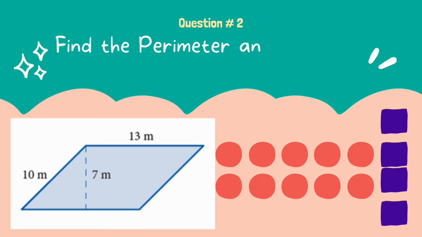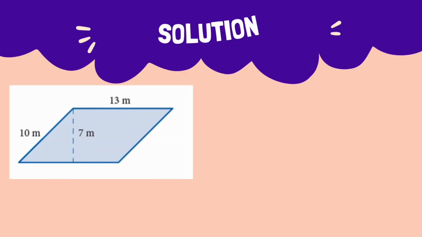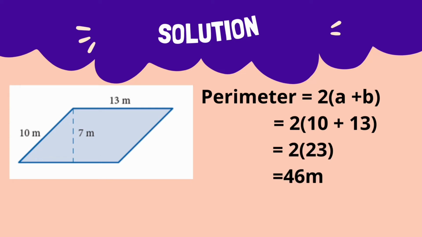You have a diagram of the parallelogram on your screen, and you are told to find the perimeter and the area. Of course, the perimeter will be 2 brackets A plus B. When you substitute the lengths of the sides, 10 plus 13, you are going to have 46 meters as the perimeter of the parallelogram.